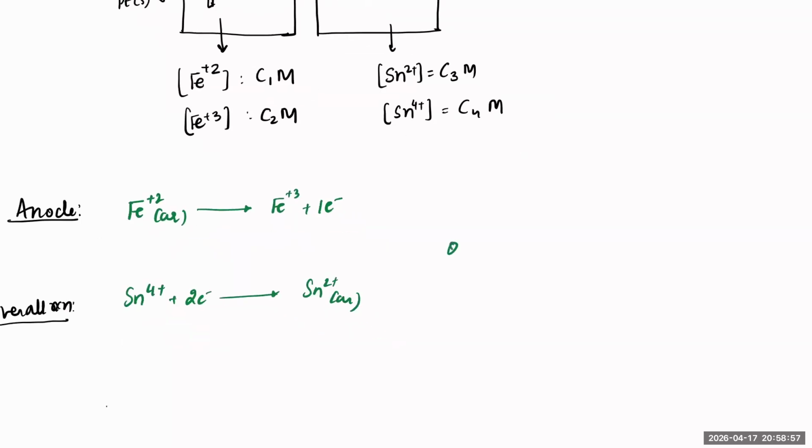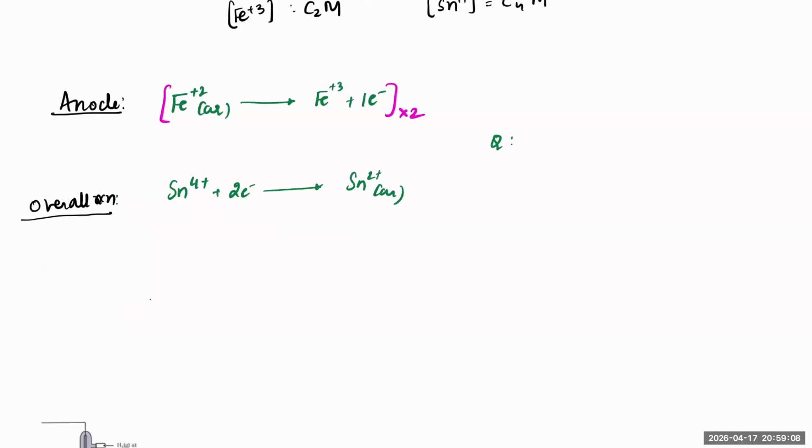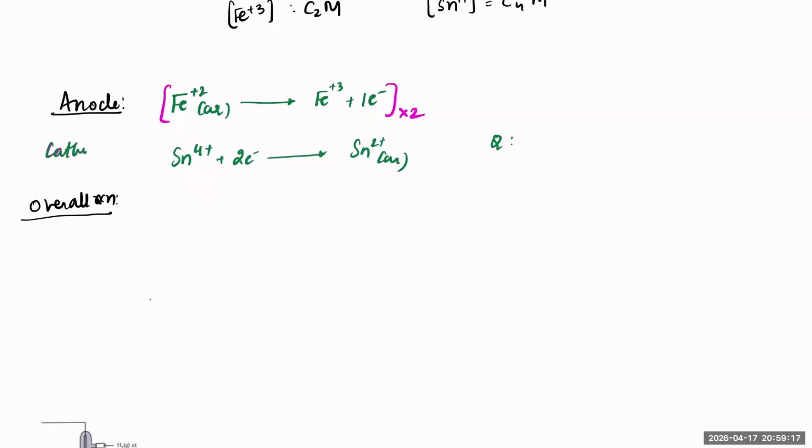Okay. So if you check out the Q value, first the number of electrons should always be balanced. To do that, we multiply the anode equation with 2 and then add to make the overall reaction. Sorry, this is the cathode reaction. So this is the cathode reaction. Overall reaction includes Fe plus 2 plus Sn4 plus becoming Fe plus 3 plus Sn2 plus.